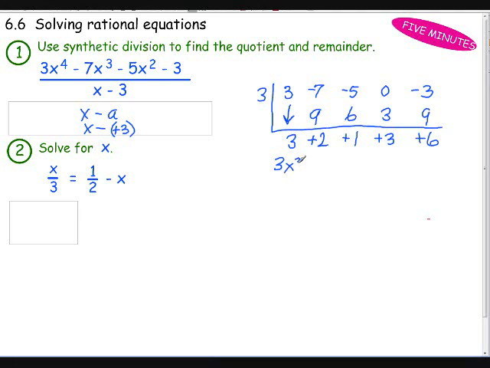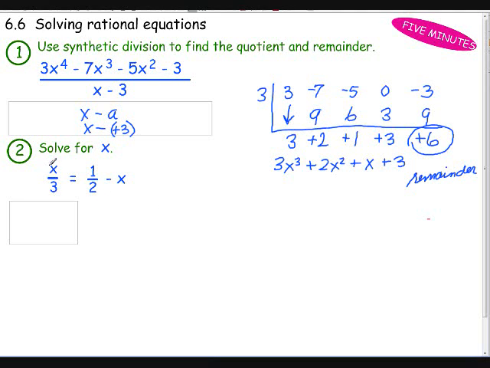It has been reduced by 1 power. And this right here, this is our remainder. It didn't go in evenly, so this tells me that x minus 3 is not a factor of this polynomial.